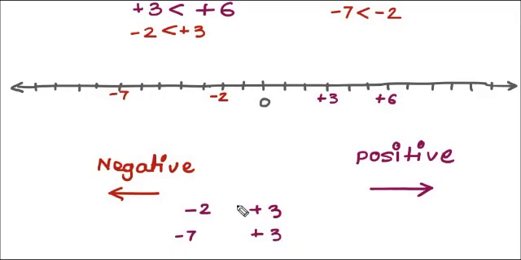Minus 2 is on the left hand side, so minus 2 is smaller. Minus 7 and plus 3, which one is smaller? Minus 7 is on the left hand side, so minus 7 is smaller. So that gives us one pattern: if we are comparing numbers and one of the numbers is a negative number and the other is a positive number, the negative number is always smaller. The positive number is always greater.